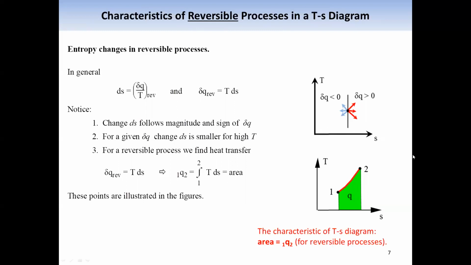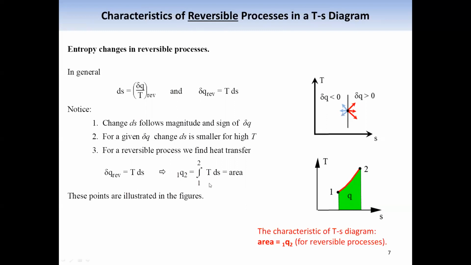And another important property is for a process changing the state from state 1 to state 2. On the TS diagram, the area under the curve represents Q. It can also be seen based on the integral of the definition of entropy.